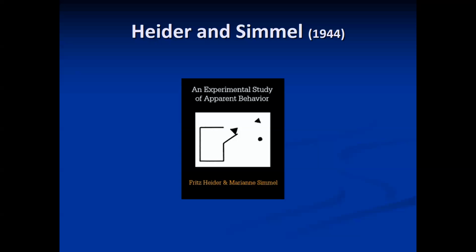In the first version, all the participants except one interpreted the moving objects as being animals, either people or birds, and the rectangle as being a building. In the second version, the large triangle was consistently seen as a bully, the small triangle as a hero, and the small circle as a victim.